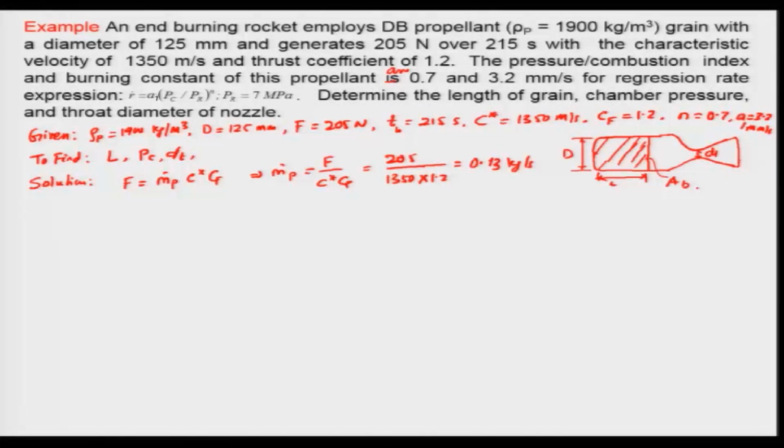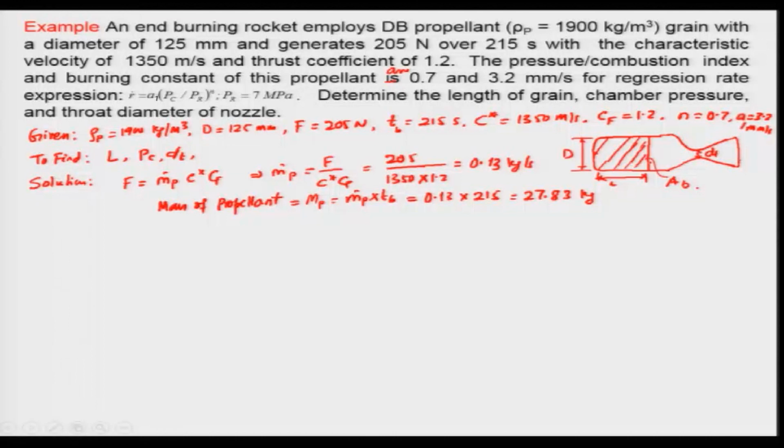And the mass of the propellant, mp, is nothing but your m dot p into tb. So, m dot p is 0.13 kg per second into 215 seconds. So, I will get something around 27.83 kg of propellant.